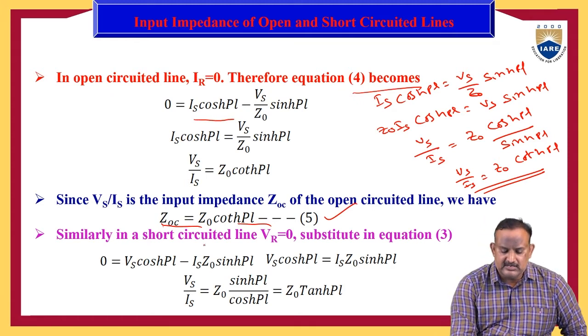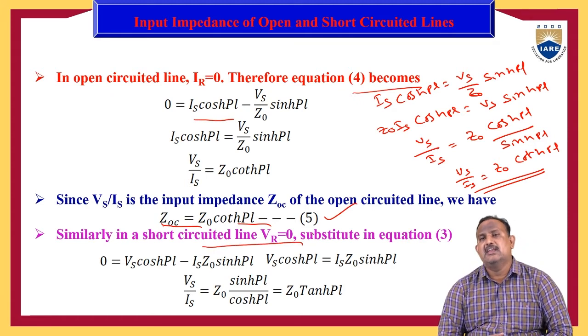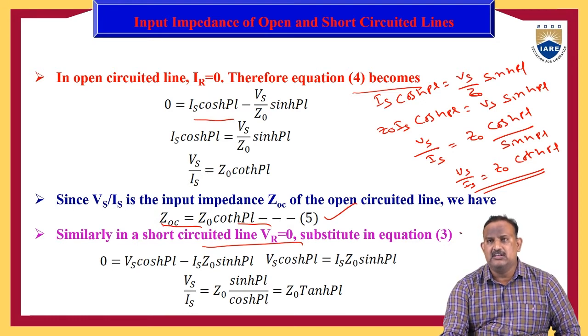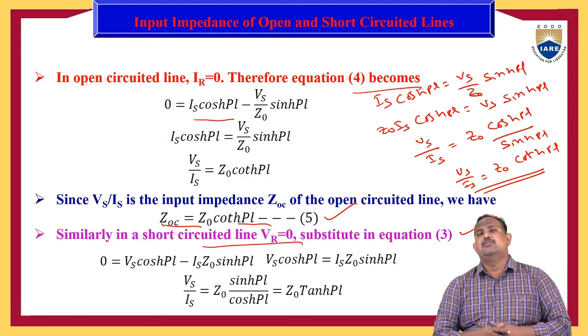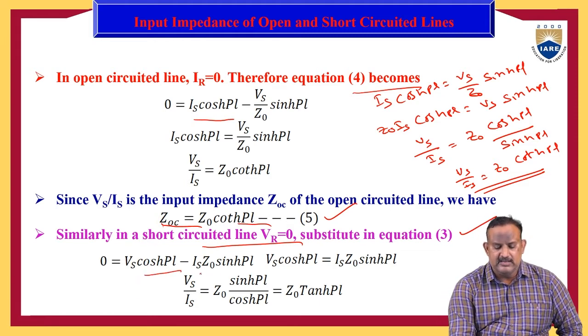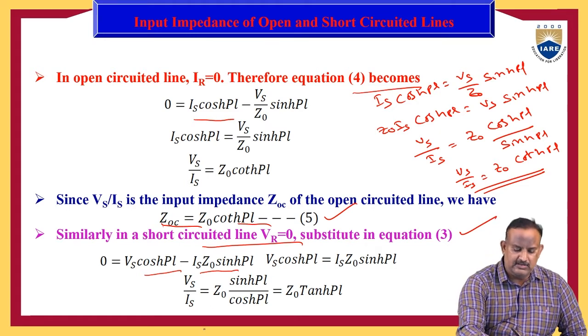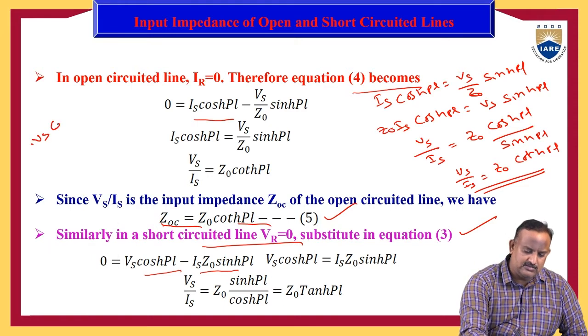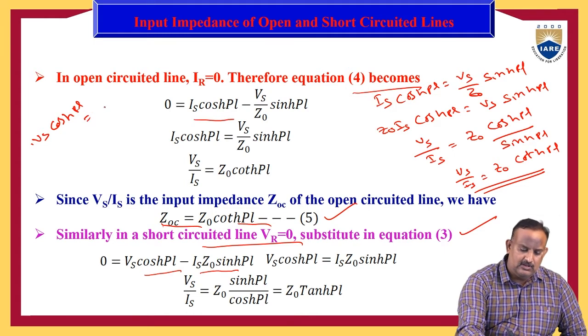Similarly, for a short circuit line, we need to substitute VR equal to 0 in equation 3. So if we substitute VR equal to 0 in equation 3, it is Vs cosh γL minus Is Z naught sinh γL is equal to 0. Therefore, we can write Vs cosh γL is equal to Is Z naught into sinh γL.